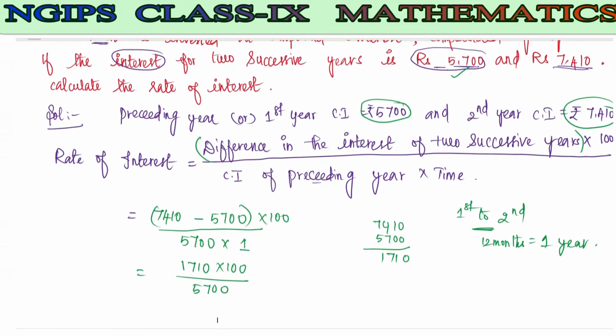Now if you simplify, 2 zeros get cancelled. 57 times 3 is 171, so we get 30%. Whenever you find the rate of interest, always show the answer in percentage. So this is the answer.